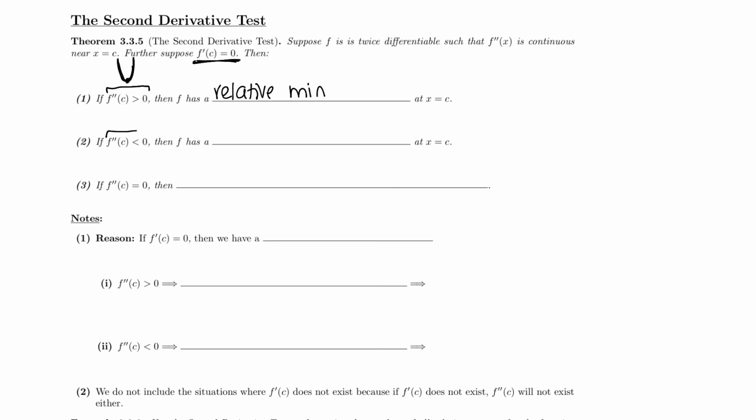If f double prime is negative, so that means you're concave down, and your derivative is 0, that means you have a relative max. Finally, another thing could happen: f prime is 0 and f double prime is 0, and at that point anything could happen. The test fails. You can't use the second derivative test there.